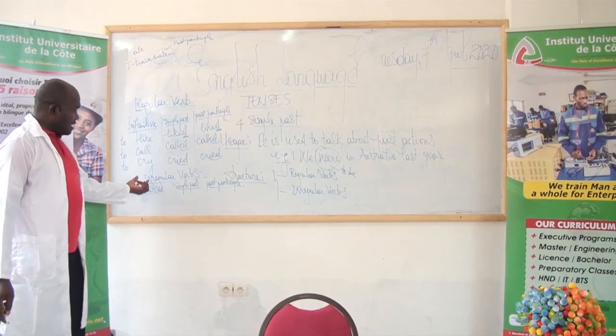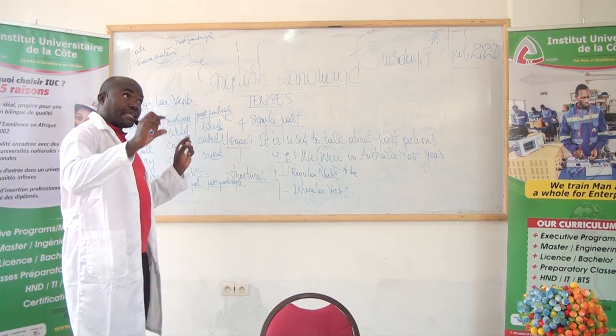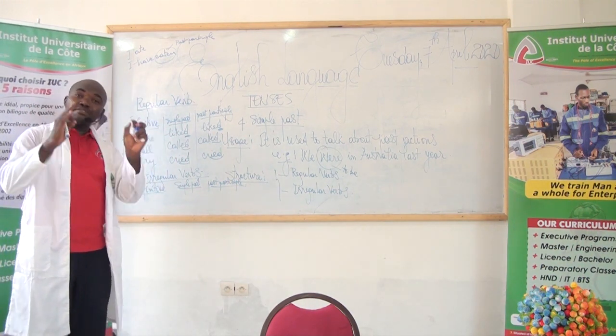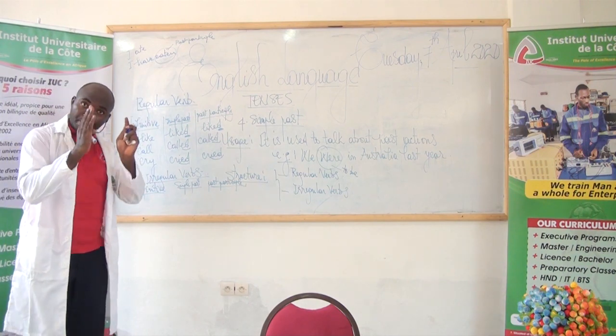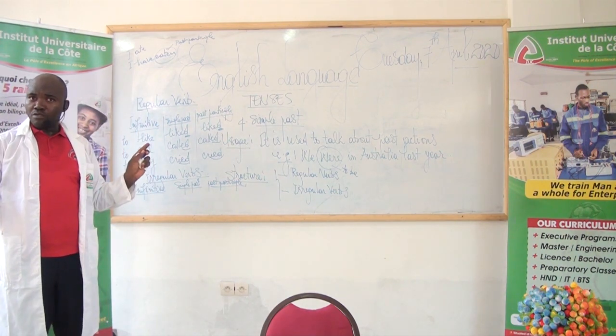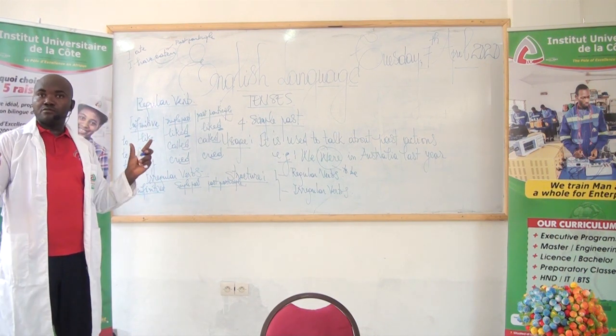Okay. Now, when we say irregular verb, what does that mean? An irregular verb is a verb that does not have a specific form, be it for the past and past participle. So there's no specific rule. All we have to do is to cram them, to learn them.